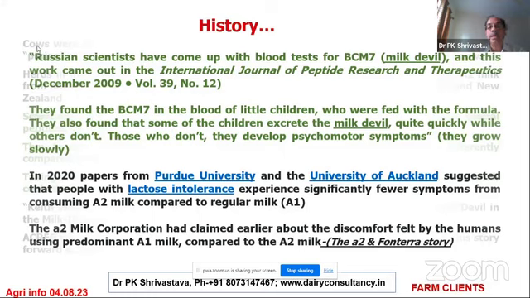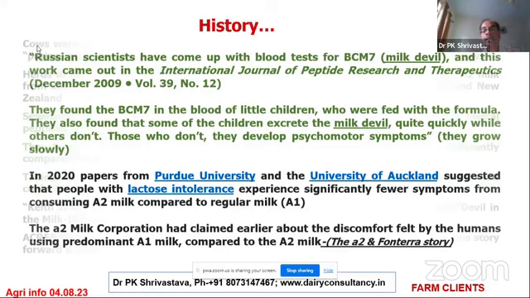Now by 2020, there are so many papers: Purdue University, University of Auckland, lactose intolerance, and even our country. The scientists also awakened in India, and they started working on this, and they have come up with recommendations, and we will see what the current situation is.